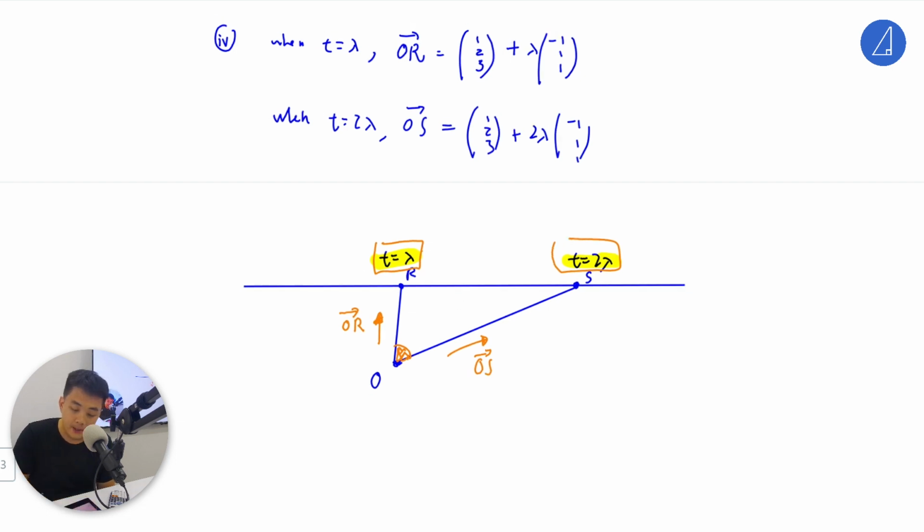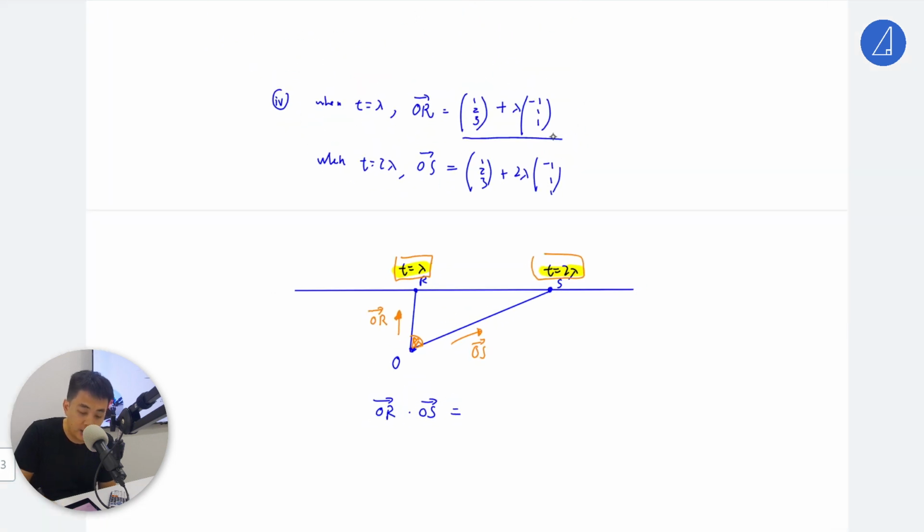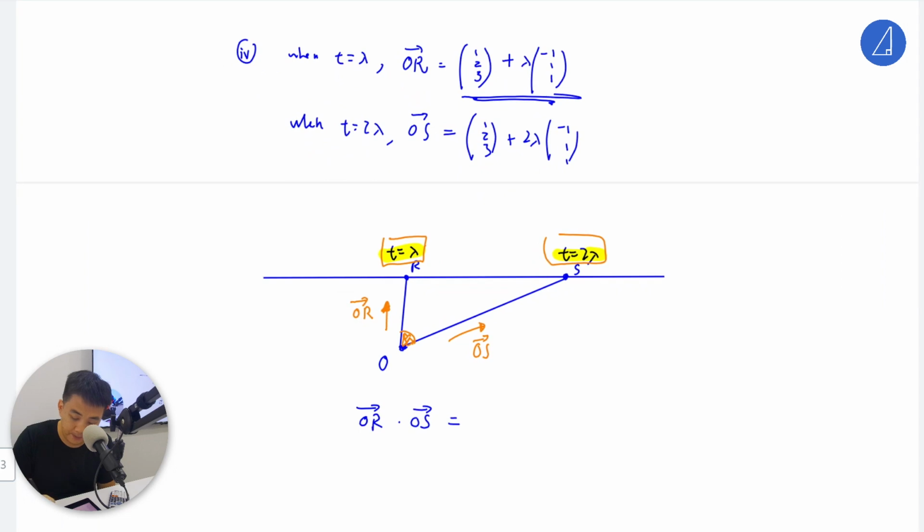Okay. So we just take OR dot OS. The entire OR, now this is the entire direction vector, 1, 2, 3, dot with OS.